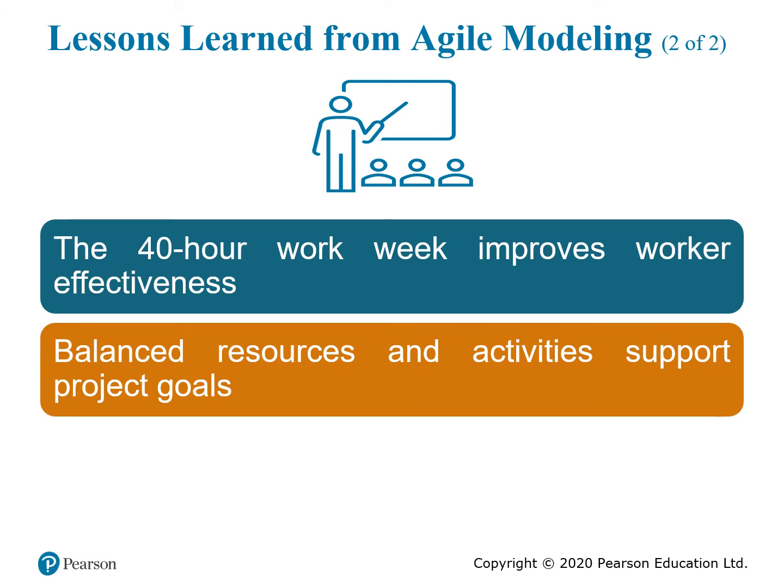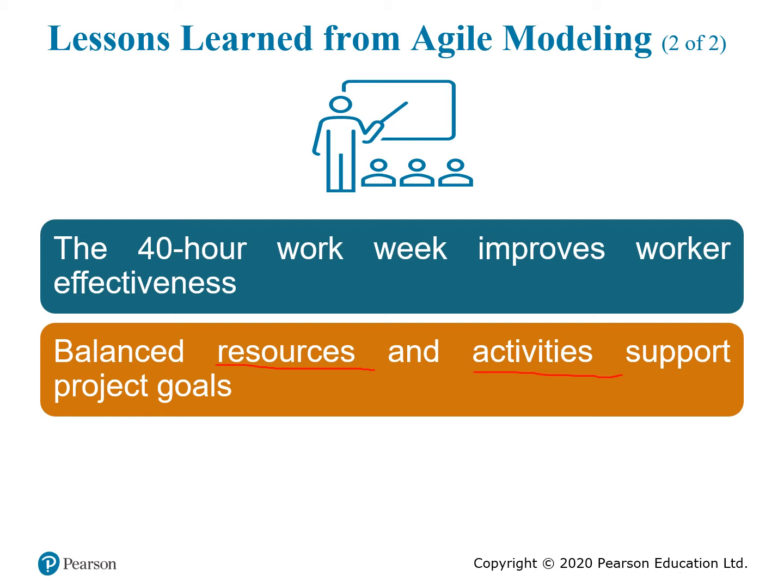So by balancing the resources and activities, it will support the project goals. For the resources, as we remember, they are the time, the cost, the quality, and the scope.